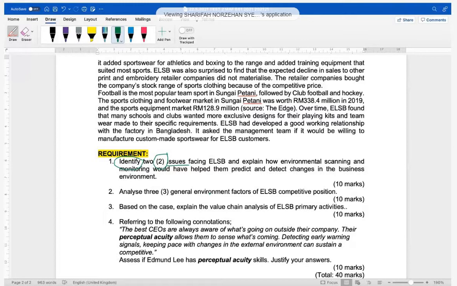When they ask for 2, don't ever think that if you give more, you will get more marks. There's no such thing, because your lecturer or the marker or the examiner will only be giving you marks for the first 2 issues that you have identified, and they're not going to read the rest.